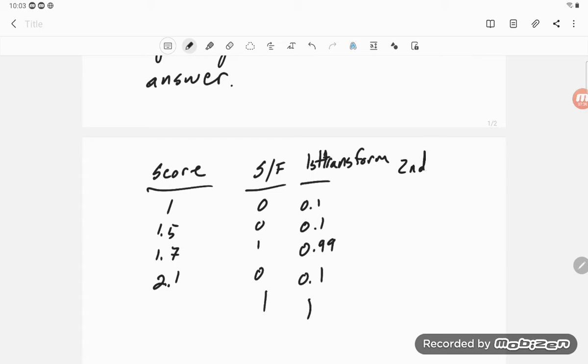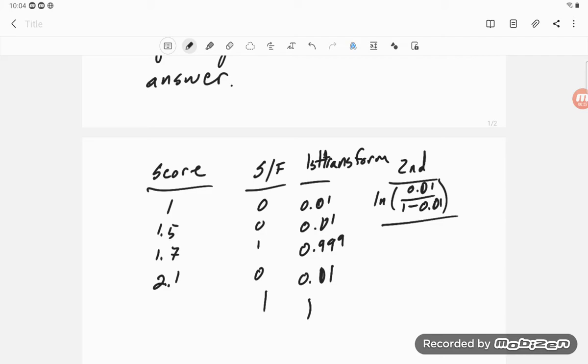And then you use that data to do your second transform of the natural log of p over 1 minus p. You could use 0.01 and 0.99 as well. What this does is it gets us much, much closer to the real data of zeros and ones, but these values are defined. And so that is the transformation process we're going to use.